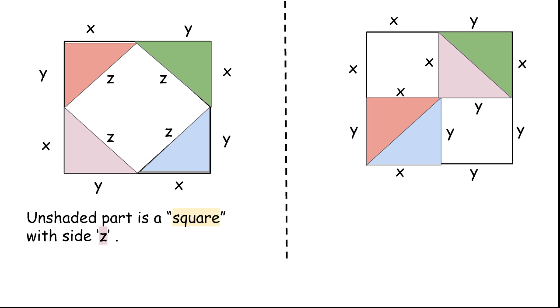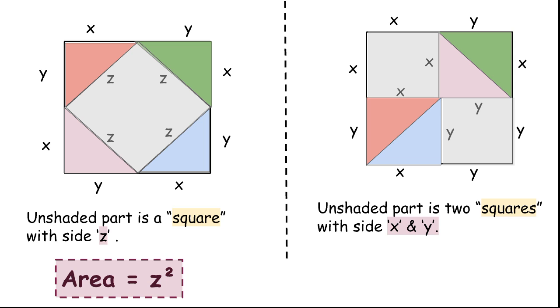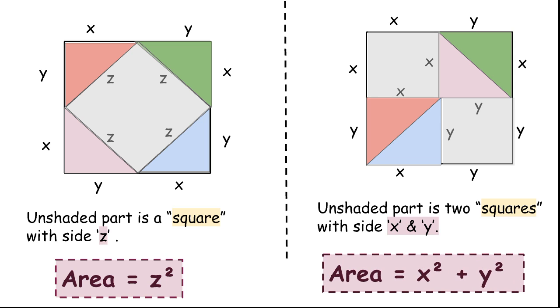So in the first frame, the unshaded part is a square with the side z. In the second frame, the unshaded part is 2 squares with the sides x and y. So the area of the unshaded part in the first frame is equal to z square, and the area of the unshaded part in the second frame is equal to x square plus y square, as they both are squares.